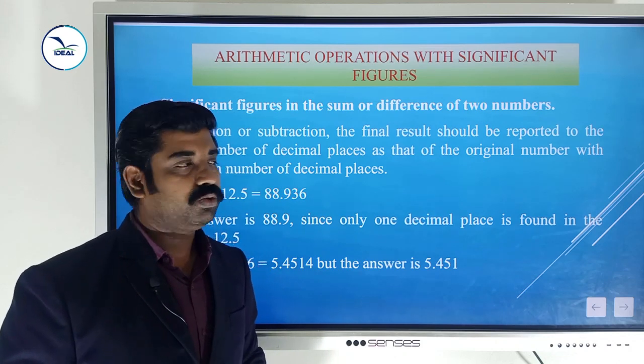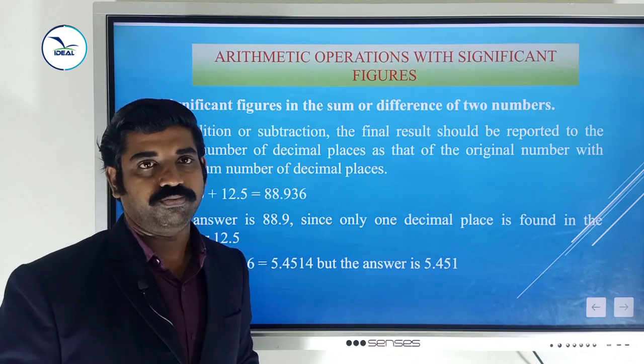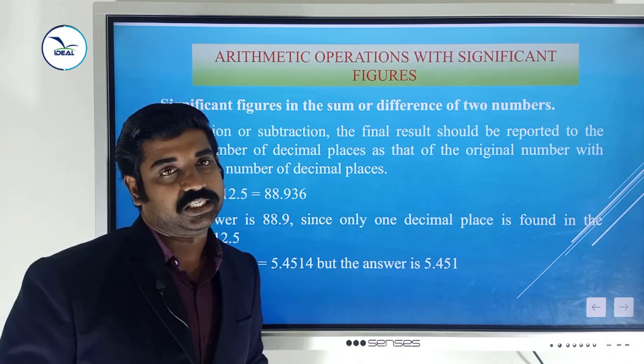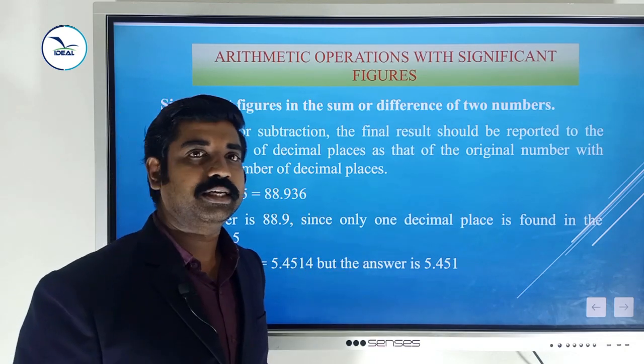Clear? We want to round the result to the minimum number of decimal places among the measurements. Okay, clear? That is the rule for addition and subtraction.